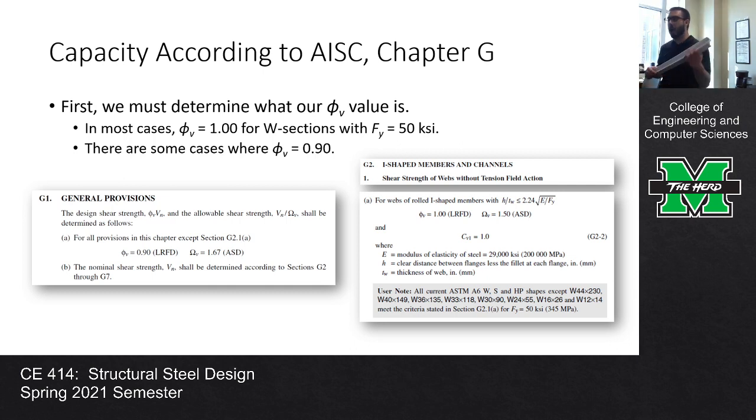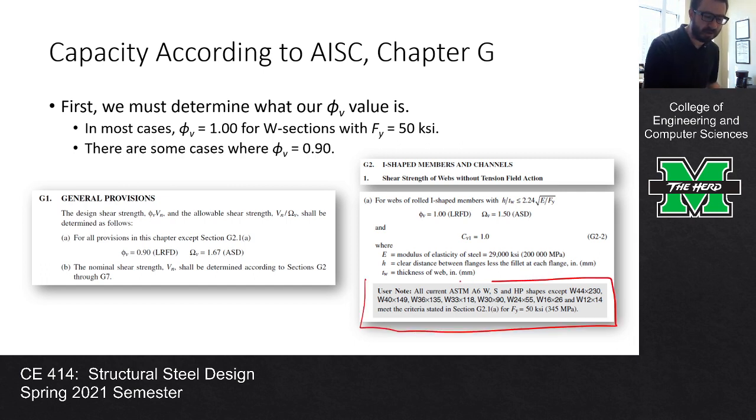But that's all the W shapes. If you look at the W shapes, and particularly focus on this note, every single W shape except for about 8 of them has phi equal to 1 with 50 ksi steel. Other than those, where phi is 0.9, everything else, phi is 1.